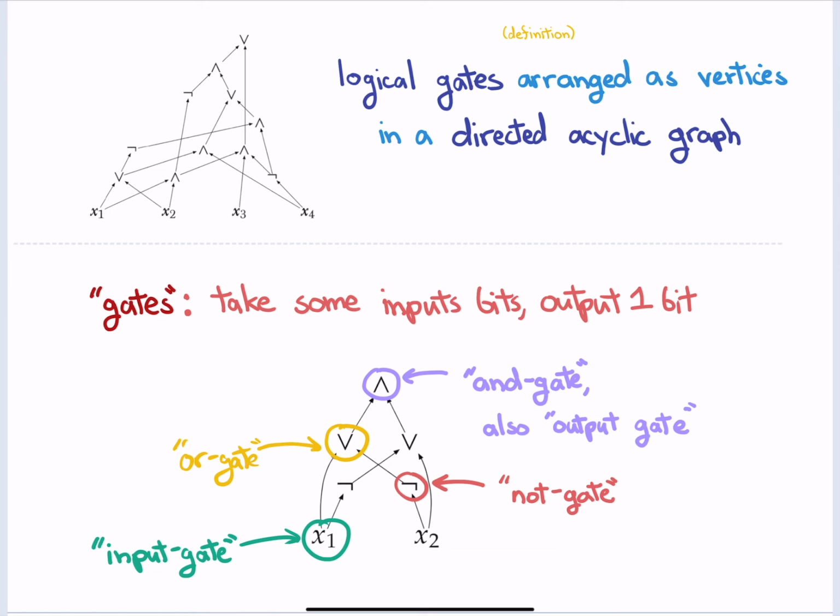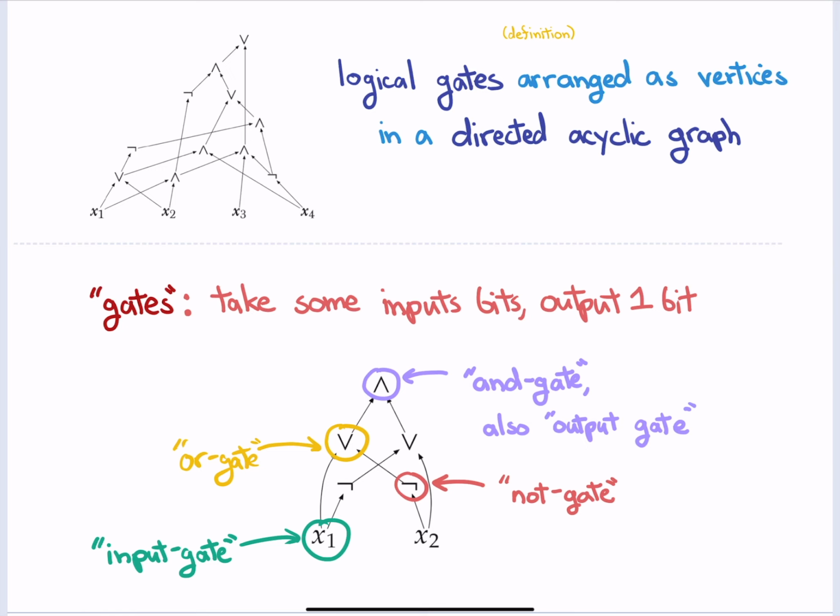I'm guessing many of you have seen this before, but in yellow, I've circled an OR gate. So if it's 1 or 0, it'll output 1. If it's 0 and 0, it'll output 0. You can have an AND gate. So if it's 1 and 1 coming in, then out goes 1. If it's 0 and 1, out goes 0.